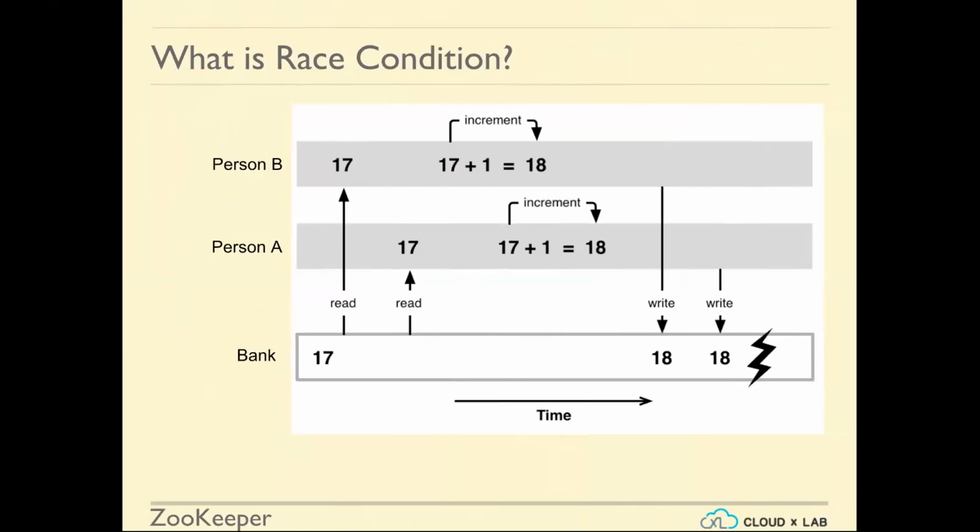So even though the program was perfect and there was no bug in it, there is a bug in the whole system. This is called a race condition.